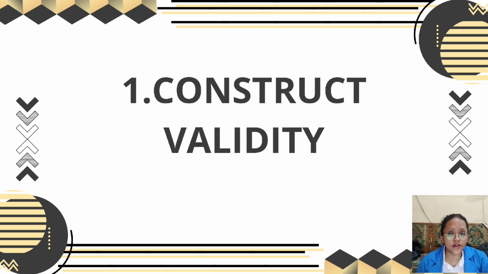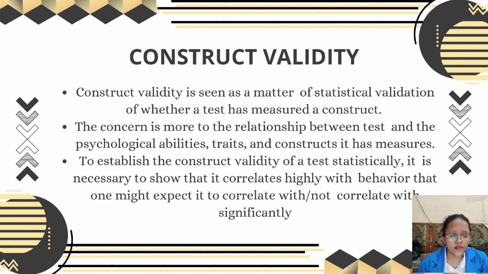The first type of validity is construct validity. Construct validity is seen as a matter of statistical validation of whether a test has measured a construct. The concern is more with the relationship between the test and the psychological abilities, traits, and constructs it measures.